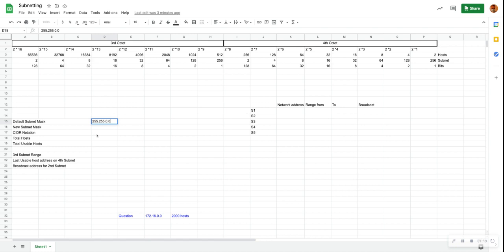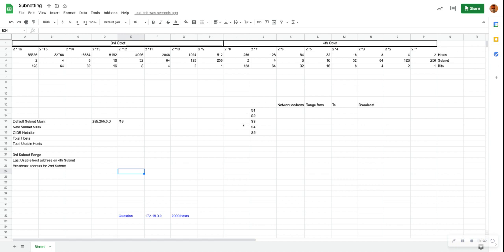So that's using 16 bits for the network portion and 16 bits for the host. So I can put that in for a start, whereas on the Class C it was 24, where the default subnet mask was 255.255.255.0.